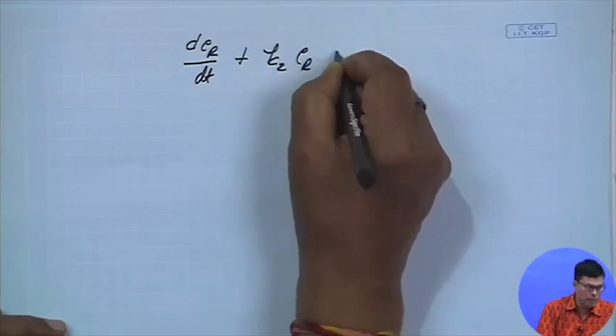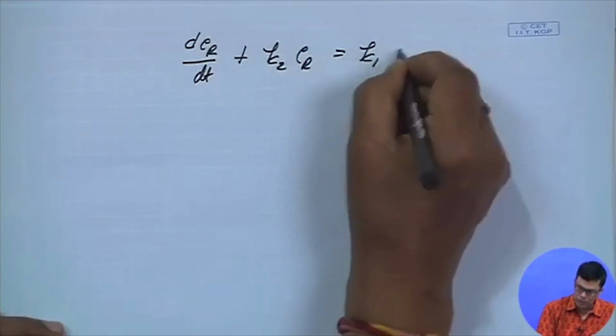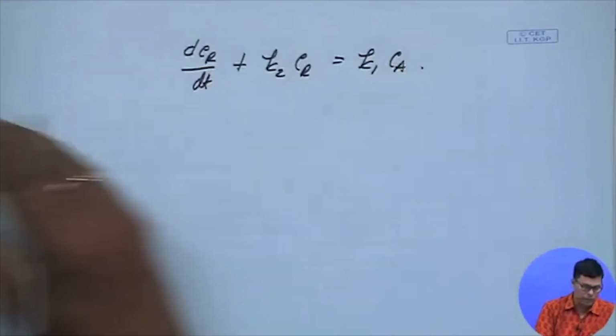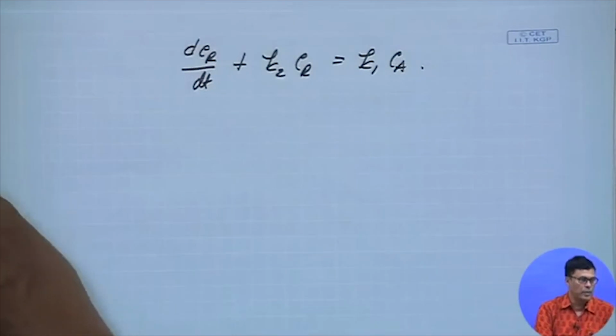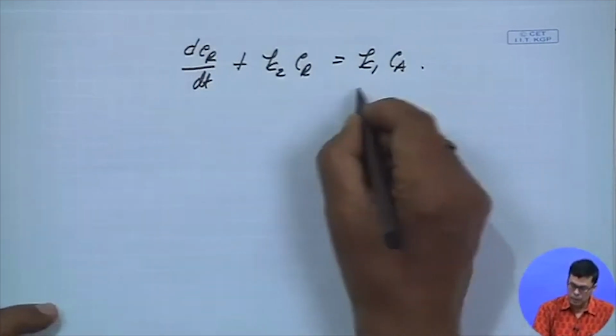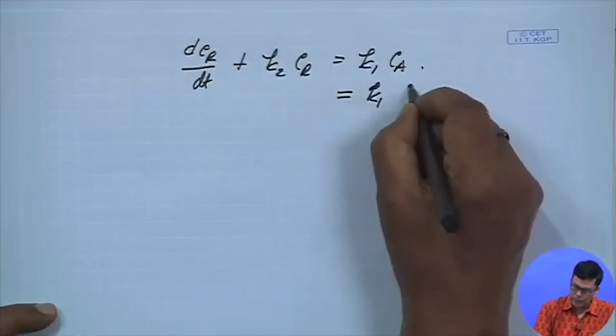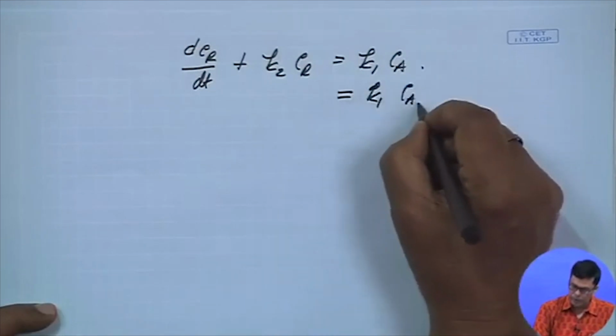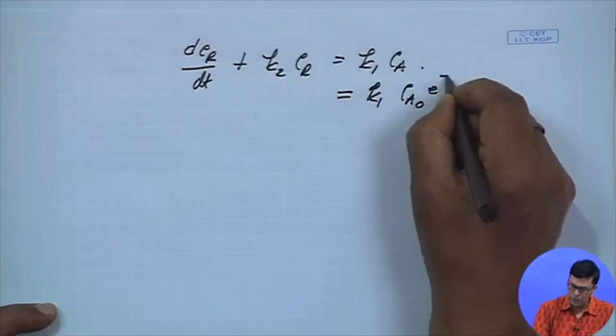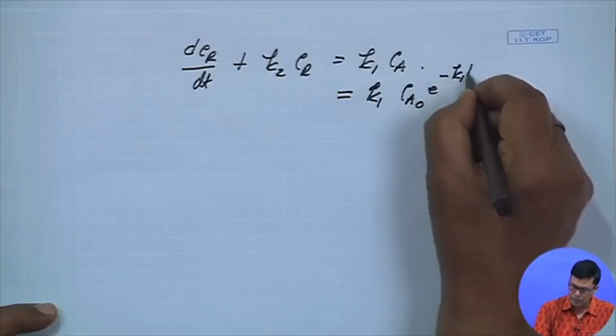Am I right? This is equal to K1 into Ca. This is what we have done in the second case. Now the Ca we determined: Ca equal to Ca0 e to the power minus K1t.